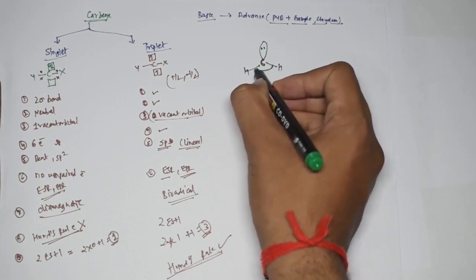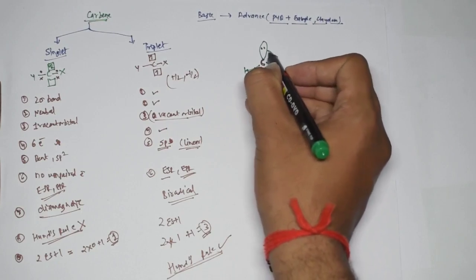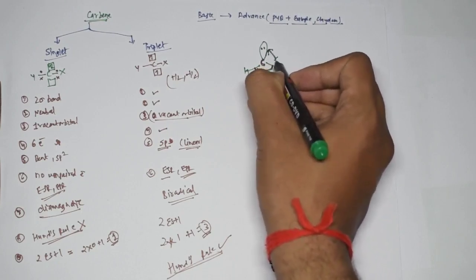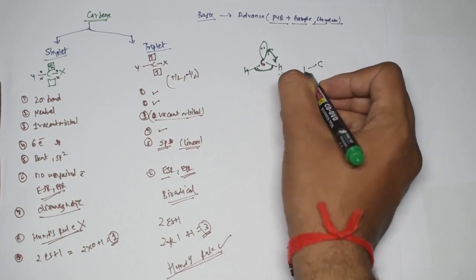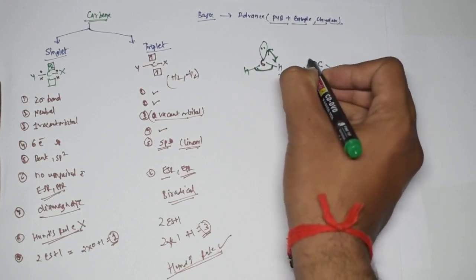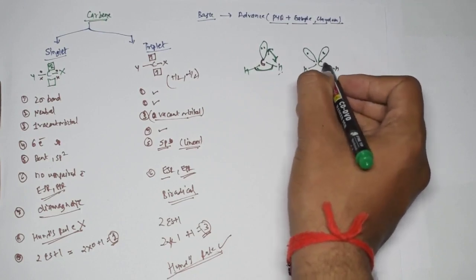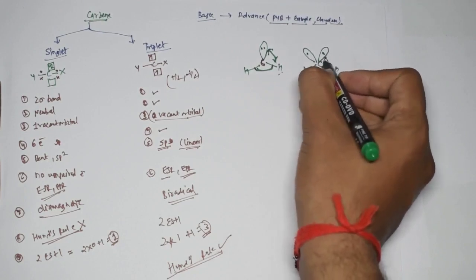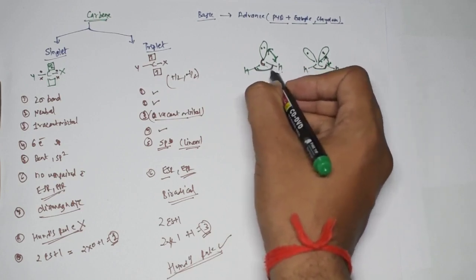If I talk about the bond angle between these two H, because here we have two electrons, the repulsion between this electron pair and the hydrogen will be higher than in this one. Here we have the triplet one, because we have one electron over here, so repulsion will be less, and here the repulsion will be higher.